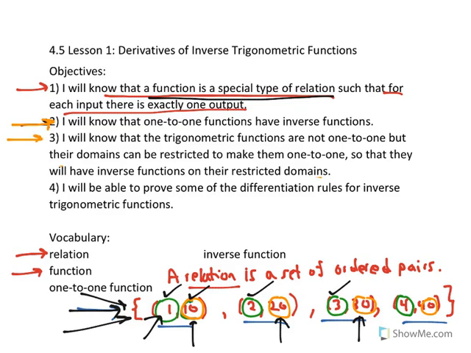So we just went over one example where we took the parent sine function and restricted its domain so that on the restricted domain it became one-to-one, and then we were able to define an inverse sine function. So how do we find the derivative of the inverse sine function?